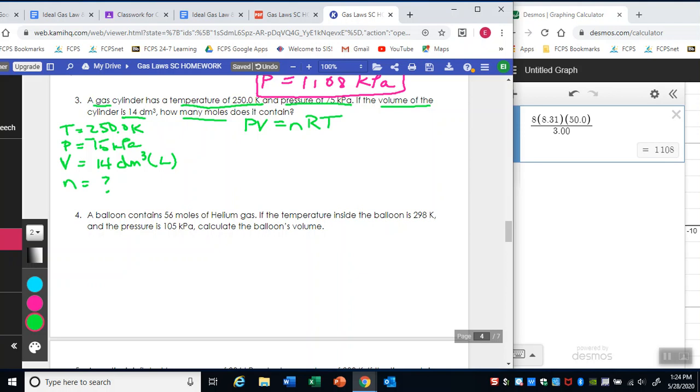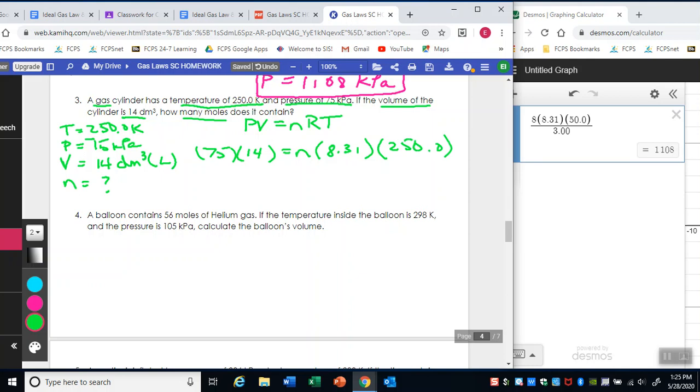So now I just substitute. Pressure is 75. Volume is 14. Number of moles I do not know. According to these units, I'm going to use 8.31 for my constant. And my temperature is 250.0.